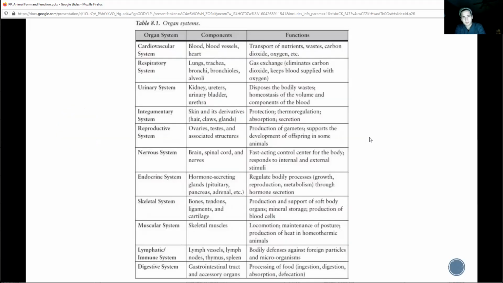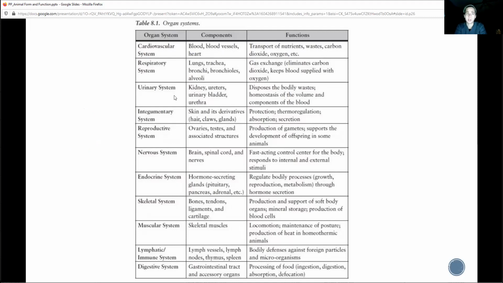So lastly, for this chapter we're going to briefly discuss organ systems. So your cardiovascular system, blood vessels, so your veins, and your heart. So carrying around nutrients, waste, carbon dioxide, oxygen. Your respiratory system, it's your lungs, trachea, all that jazz, gas exchange. Urinary system.